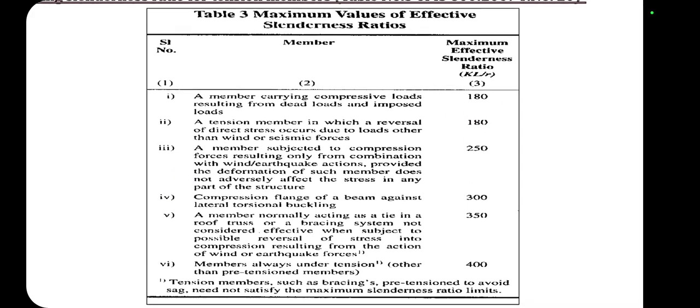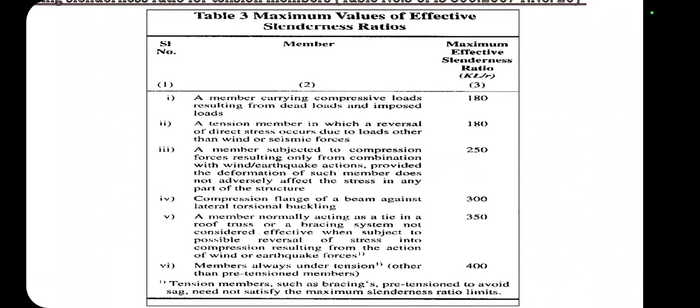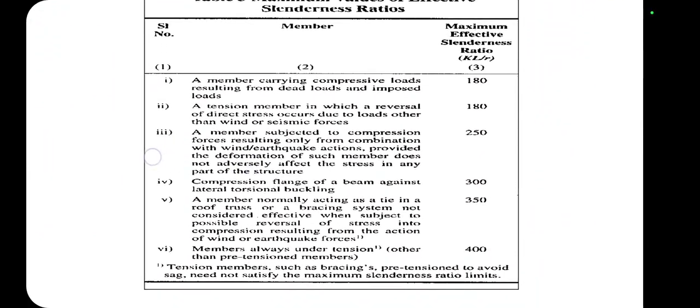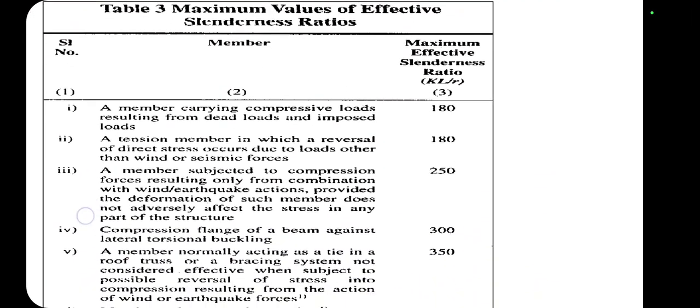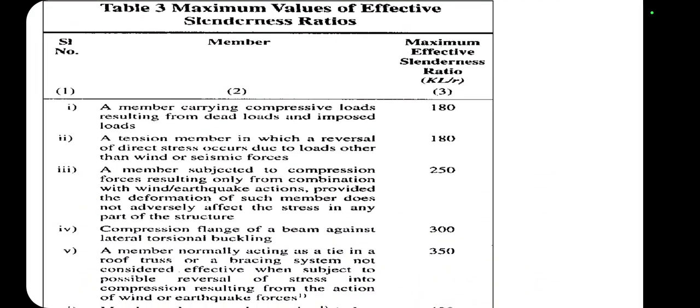And when the member is subjected to compression force resulting only from a combination of earthquake or wind action, the maximum slenderness ratio is 250.